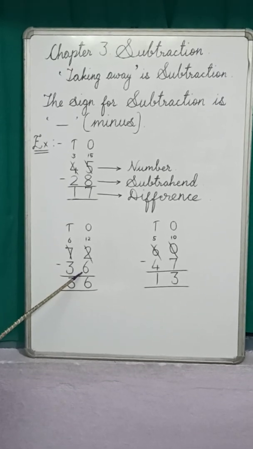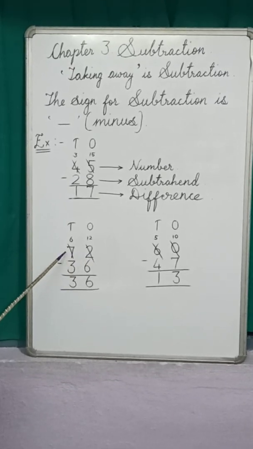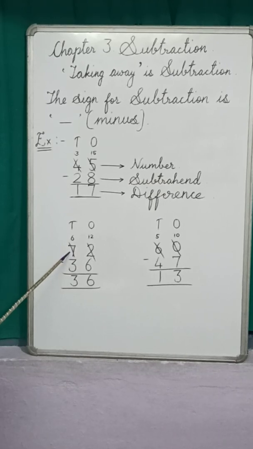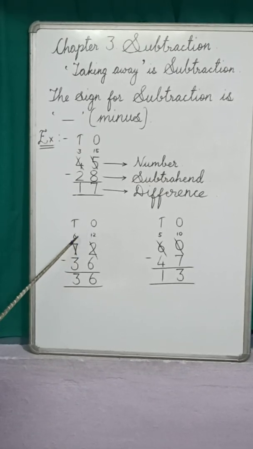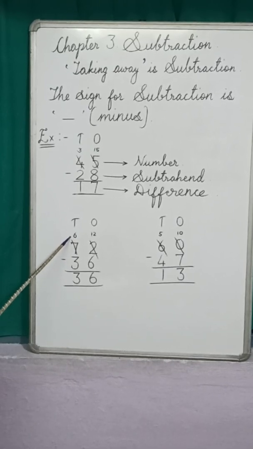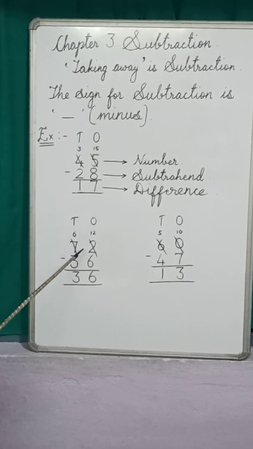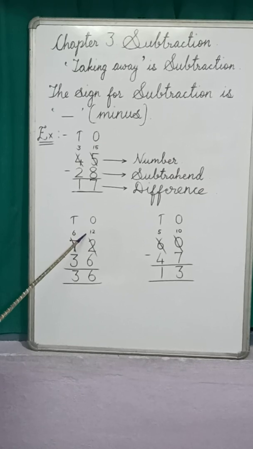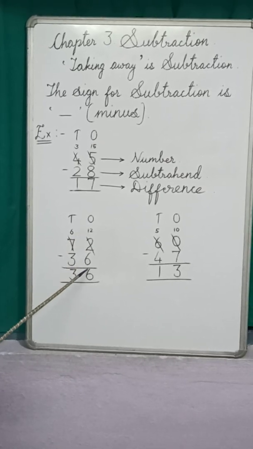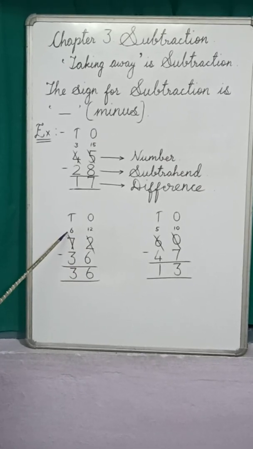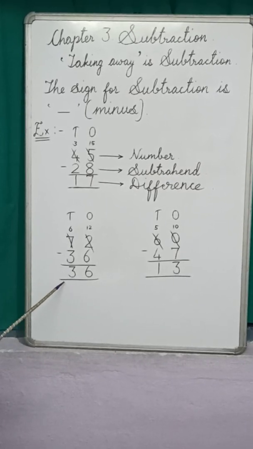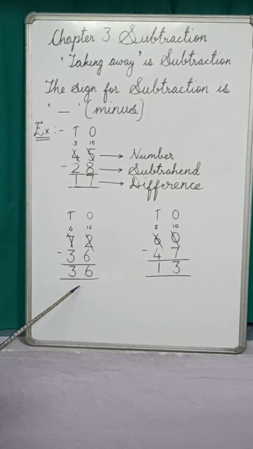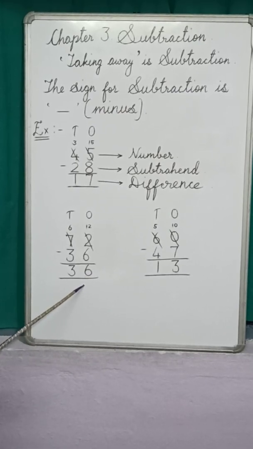So what should we do now? We'll borrow 1 ten from the tens place. So after borrowing, this 2 will become 12 and this 7 will become 6 in the tens place. Now let's solve this. This 12 minus 6, so we got here 6, and here 6 minus 3, we got here 3. So we got the answer 36. So 36 is called the difference.